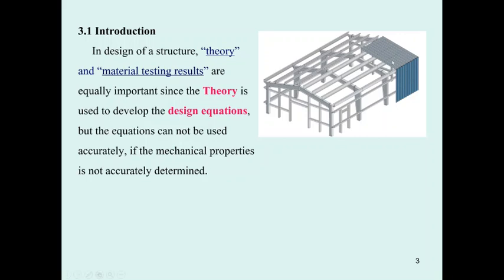And then you should check the deflection of this purlin. When you check the deflection of this purlin subjected to the uniformly distributed load, as a simple beam, you can go back to Mechanics of Materials chapter 12 and open the deflection table.